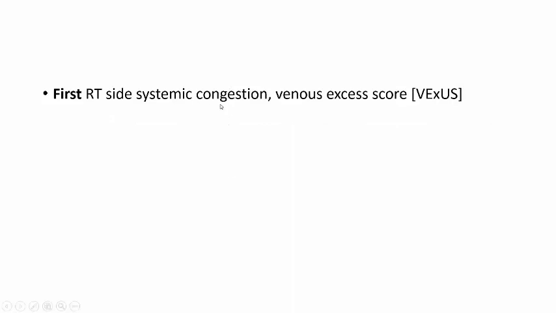First, right side systemic congestion, the venous excess score. From the advanced critical care point of view, you need not only to diagnose that the inferior vena cava is dilated and non-collapsing, but you need to know the degree of systemic congestion by the VExUS score, or venous excess score.